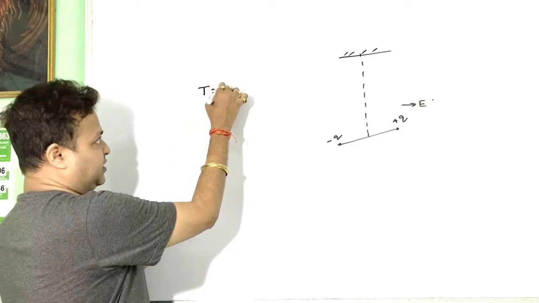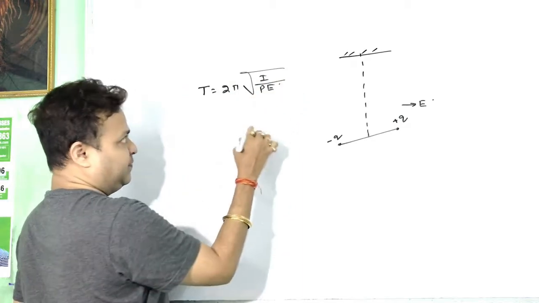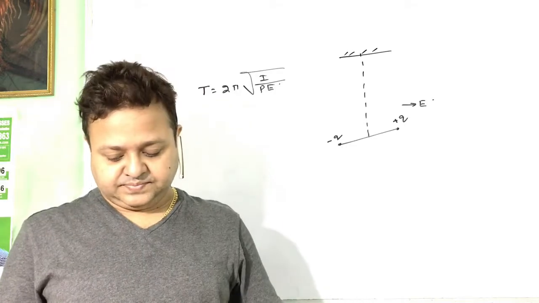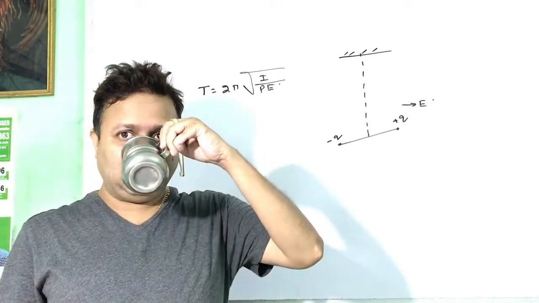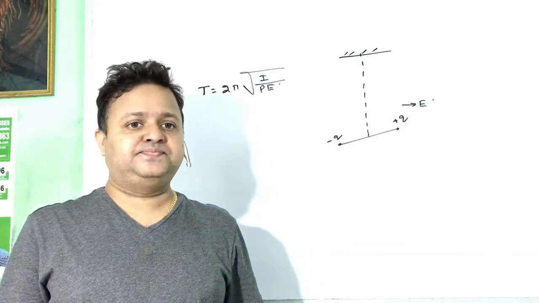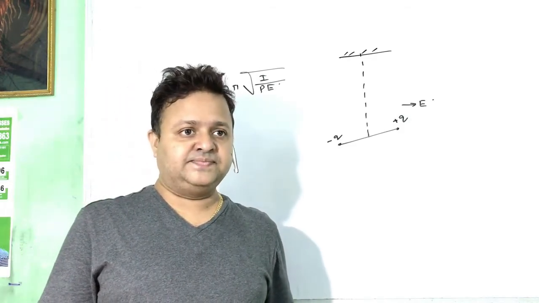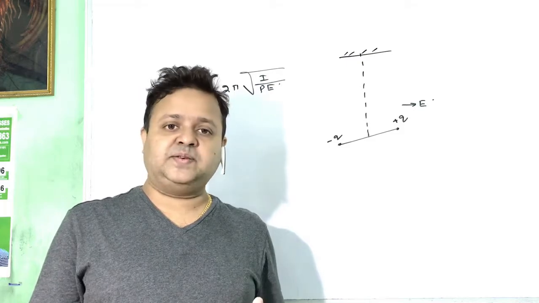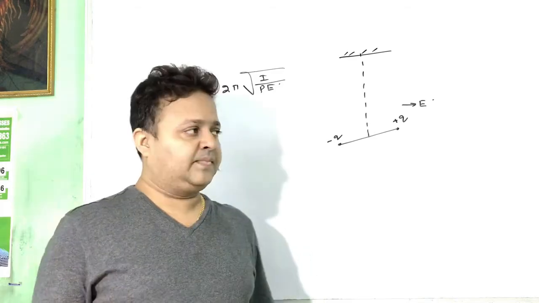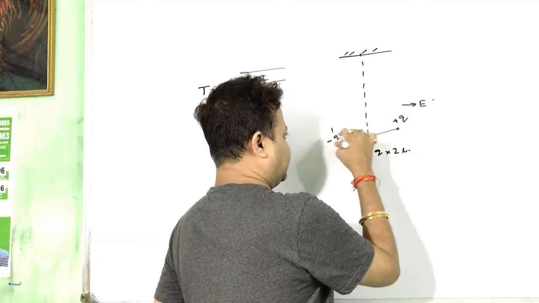Then the time period of oscillation is 2π root over of I by pE. I is the moment of inertia of the dipole. আর p তো জানিস তোরা, it is q into 2l, that is the dipole length, না?